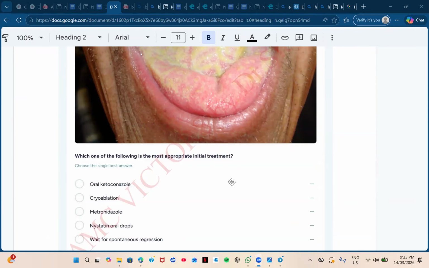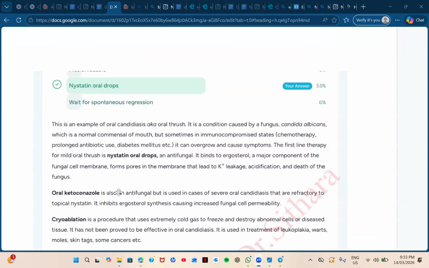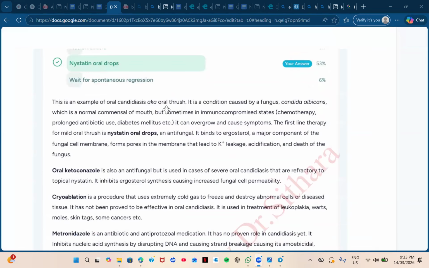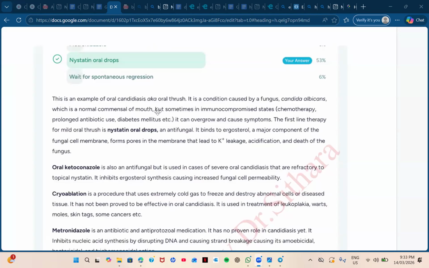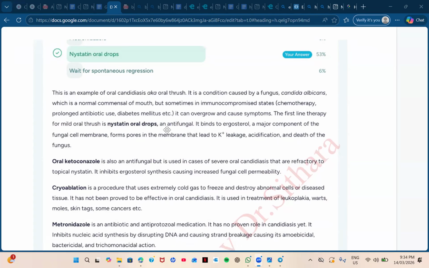Here, this is an example of oral candidiasis or oral thrush, right? It is a condition caused by the fungus Candida albicans, which is a normal commensal of the mouth, but in an immunocompromised state, chemotherapy, prolonged antibiotic use, or diabetes mellitus, it can overgrow and cause symptoms. The first-line therapy for mild oral thrush is nystatin oral drops.